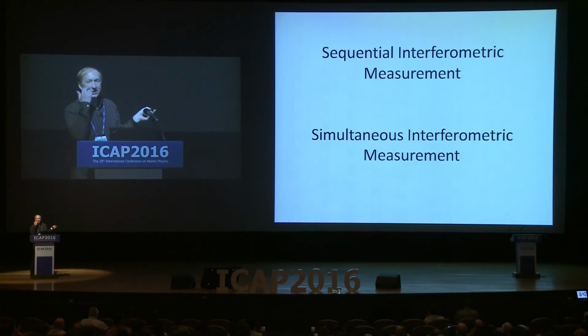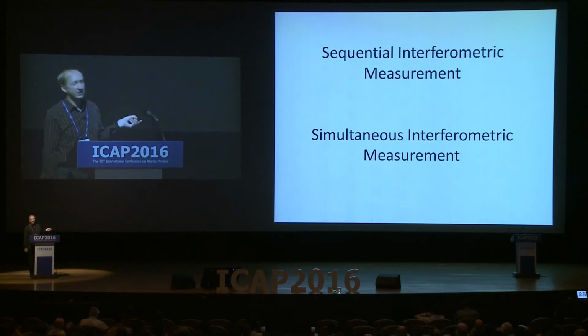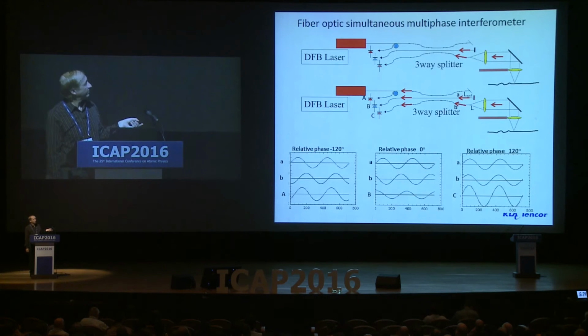So instead of sequential measurements, which was the standard technology, I thought one should do this simultaneously, and I was drawn to what I knew from the telecommunications industry: you can use very cheap, simple three-way fiber couplers to do that measurement.